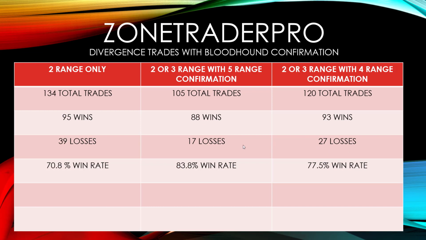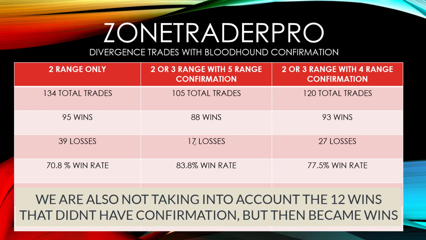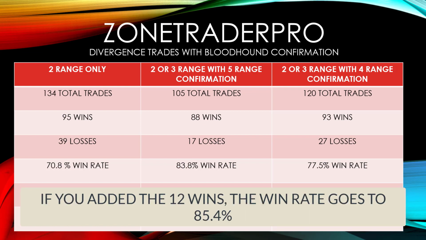So that's what the loss column represents here. As I demonstrated earlier, we would have had no confirmation in that one trade, but that still would have given us a very small loss. So these small losses are not included in the win rate. We're basically just looking at the large losses.